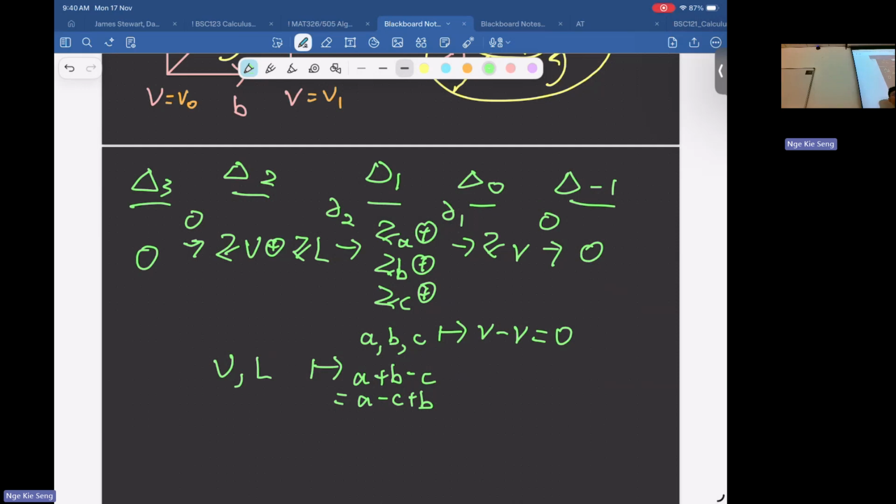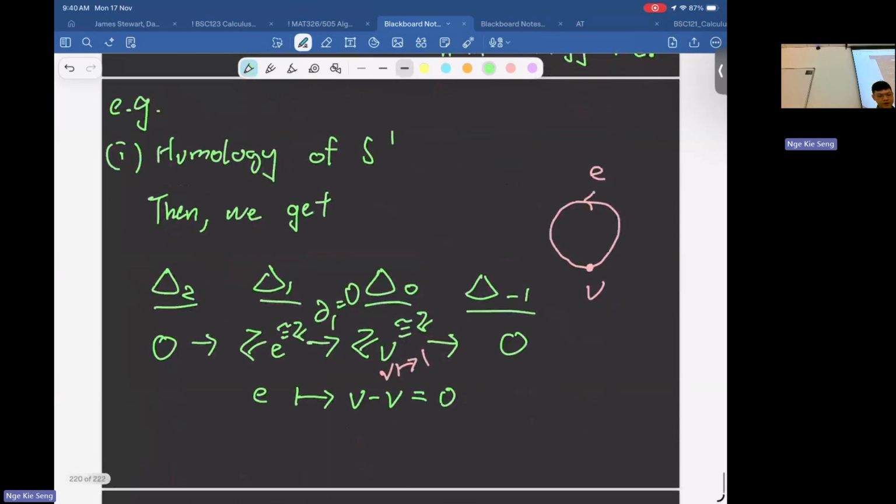You might think that, well, very intricate, huh? Very dependent on our delta complex. This is very true, actually. So maybe you can ask the question, for example, X1: I can build my X1 using two zero cells, or two delta 0 and one delta 1. Do they get the same homology or not? I invite you to compute it yourself. They do have the same homology.